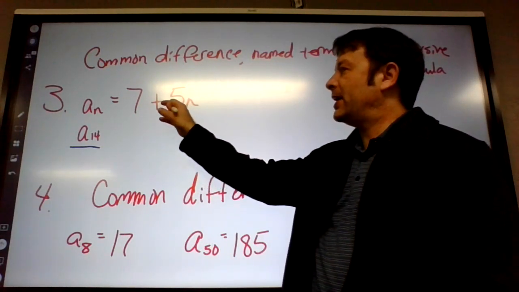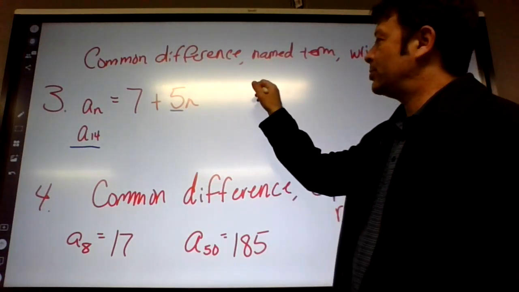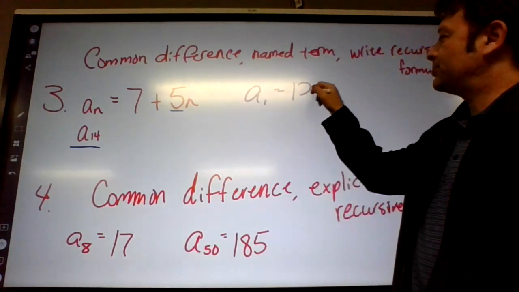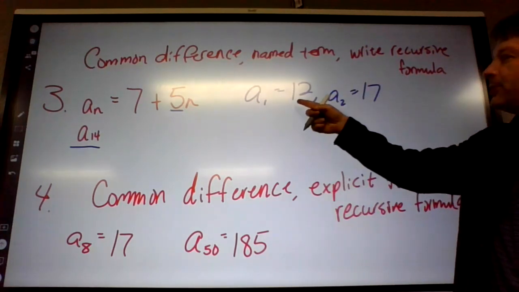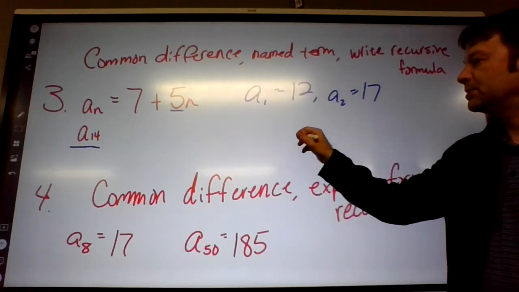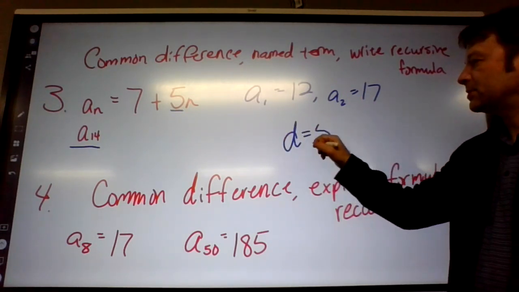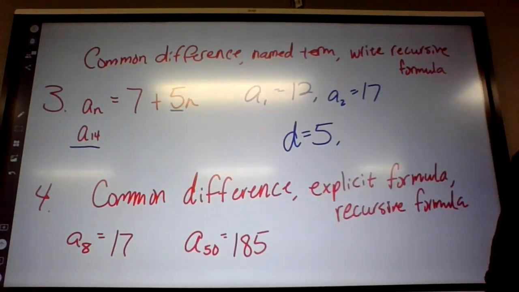If you can't tell, they're adding 5 over and over. You could plug in a sub 1, which gives you 12. If you plug in a sub 2, you get 17. So the common difference is plus 5. It's always the number in front of the n on arithmetic.